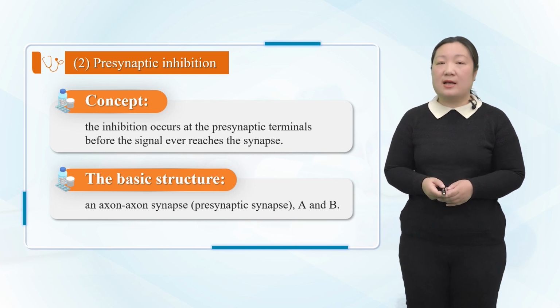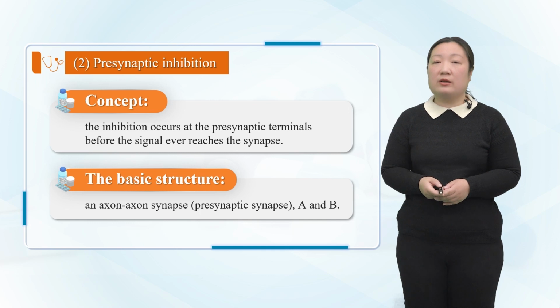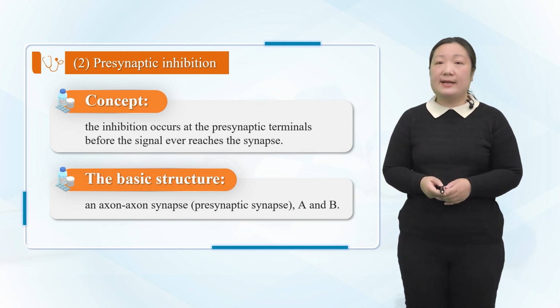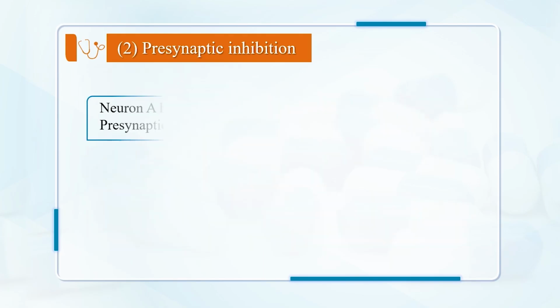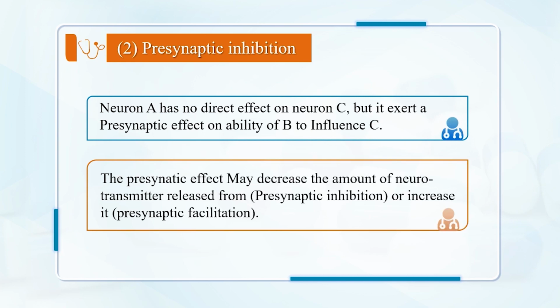Neuron A has no direct effect on neuron C, but it has a presynaptic effect on the ability of B to influence C. The presynaptic effect may decrease or increase the amount of neurotransmitter released.